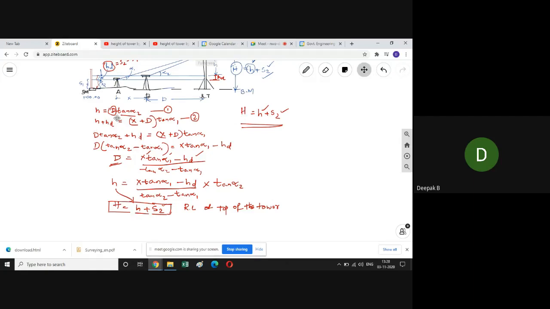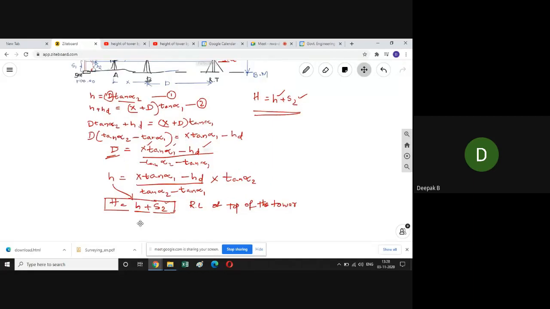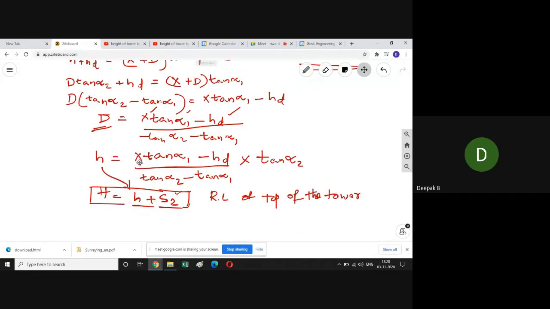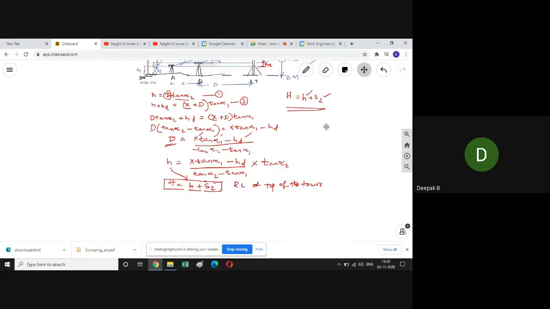So we have, let's say we have earlier derived the formula for small h. We have x is equal to 20 meter, tan alpha 1 is observed, and alpha 2 is also observed, and hd is actually the difference between s2 and s1, which is also observed.